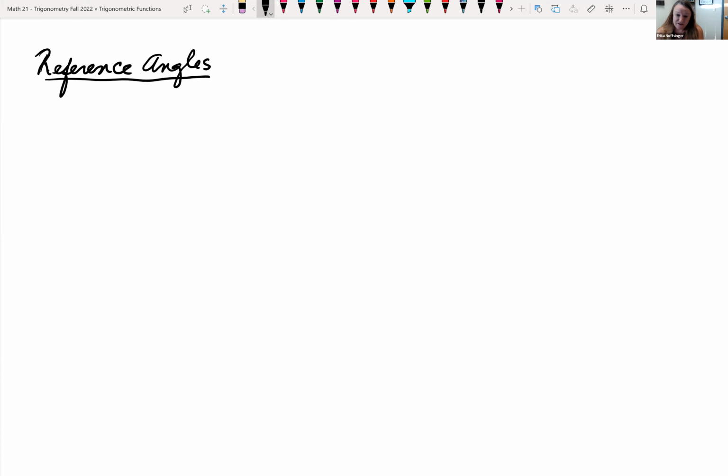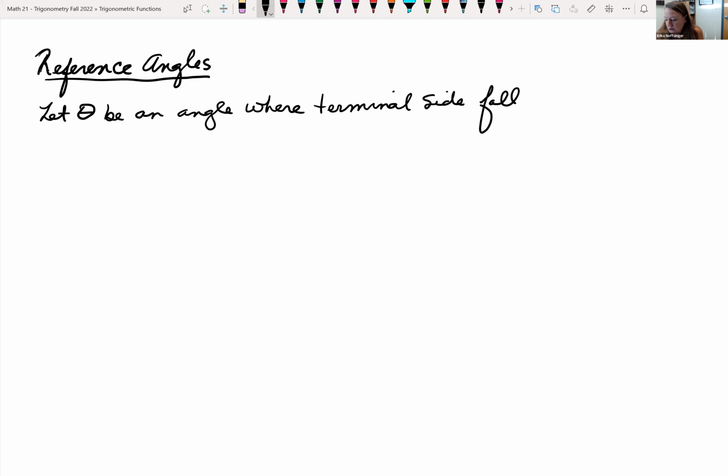Let theta be an angle whose terminal side falls in one of the quadrants.